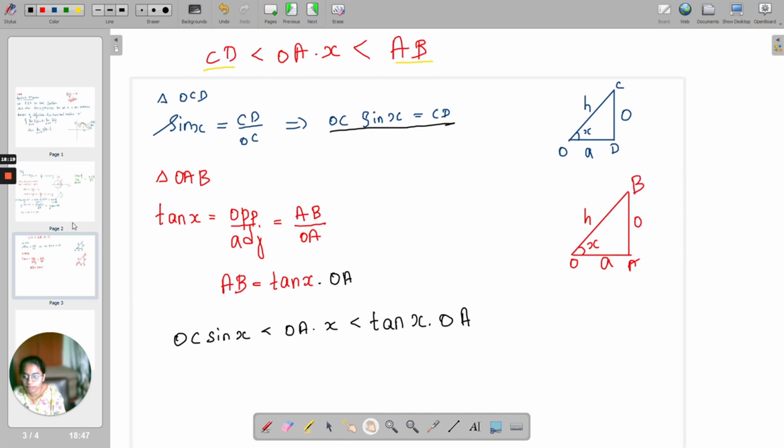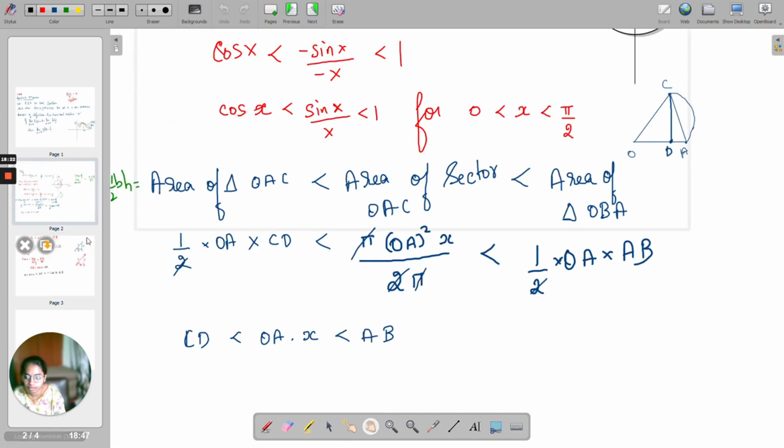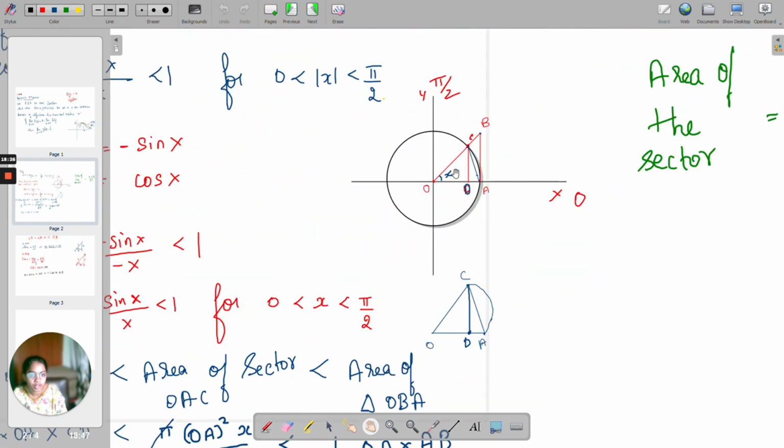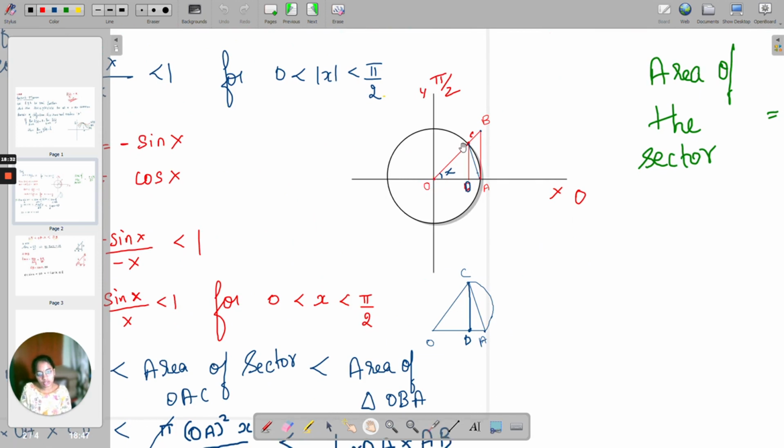Let me get back to the main graph. So you see, OA is the radius of this circle. Agree? OC is also a radius of this circle. So the radiuses of a circle are always equal.